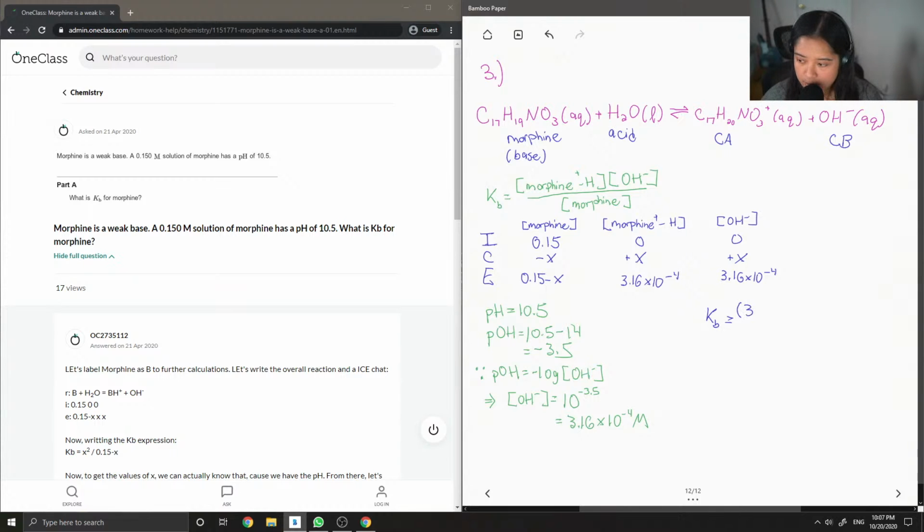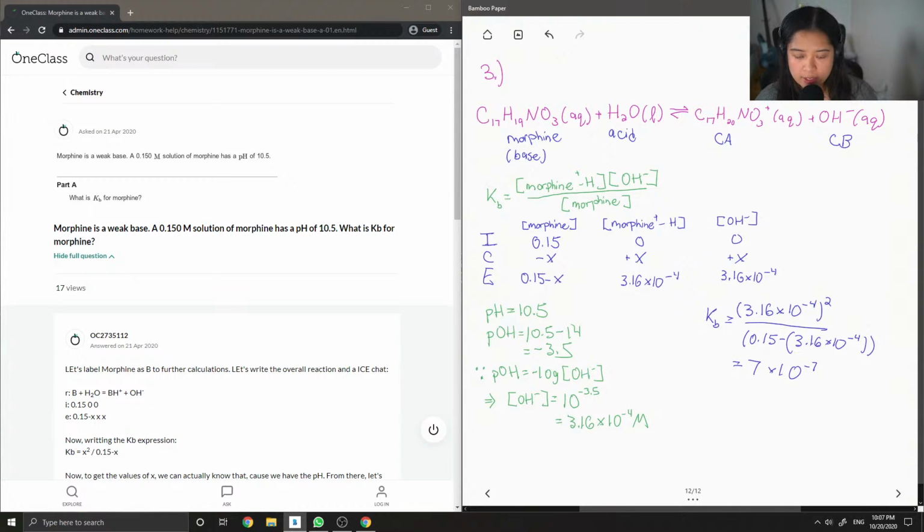So you get 3.16 times 10 to the negative 4 squared all over 0.15 minus 3.16 times 10 to the negative 4. And then our final Kb value should equal 7 times 10 to the negative 7.